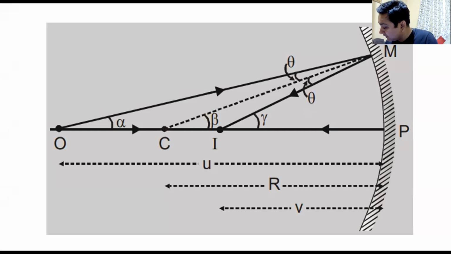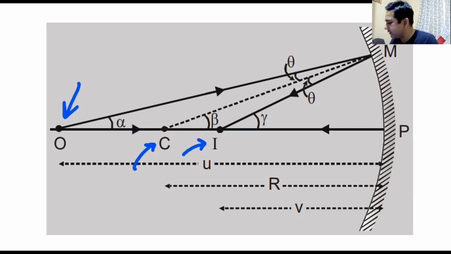Okay. What is this? O is the object. Good. What is this C? Center of curvature. Good. What is this I? I is the incident ray.